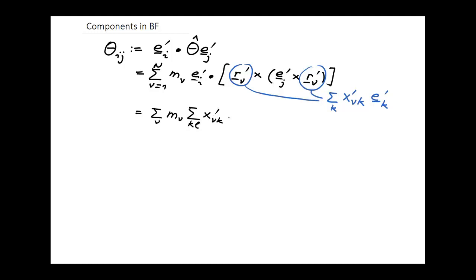So then we have x prime nu l. And we have e_i primed, as before. And then we have a basis vector e_k prime, vector product with e_j prime, vector product with e_l prime.